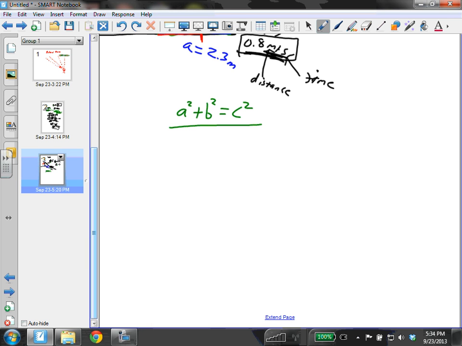So when I go to take the derivative with respect to t, I will take the derivative of a squared, and the derivative of a squared will be 2a, but since our variables don't match, we have to use implicit differentiation, so it will be 2a dA/dt, plus take the derivative of b squared with respect to t, and you will get 2b dB/dt.